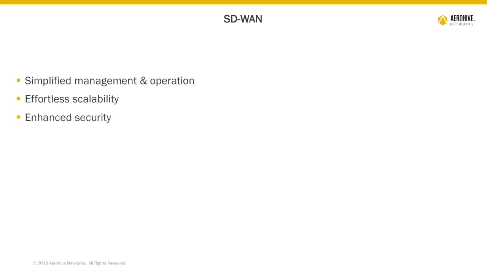In summary, SD-WAN means easy, trouble-free management of thousands of remote locations through centralized orchestration. It means effortless zero-touch provisioning, allowing the WAN to expand without administrative overhead. Benefit from enhanced security, ensuring users only have access to the services that are permitted.